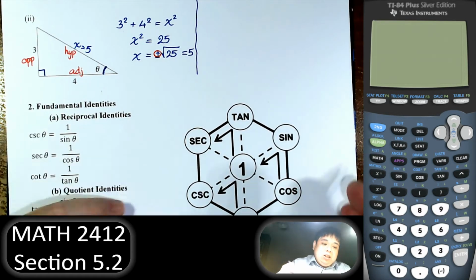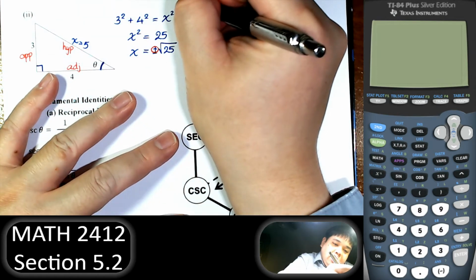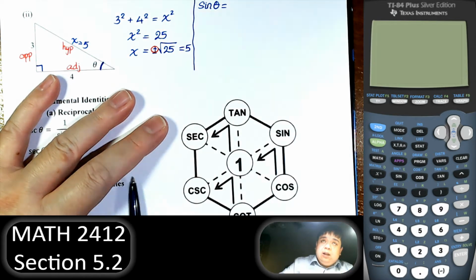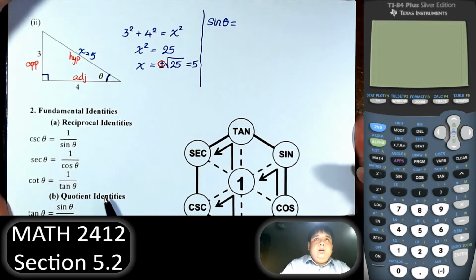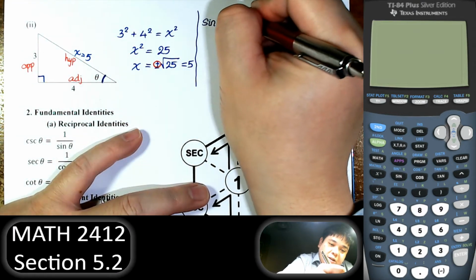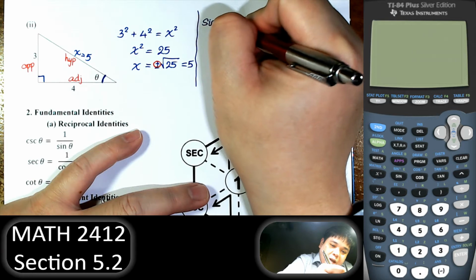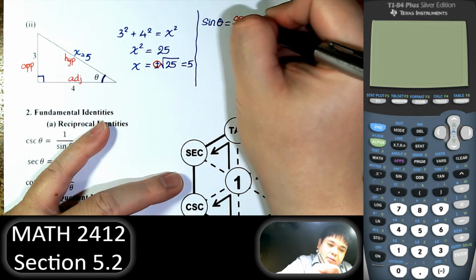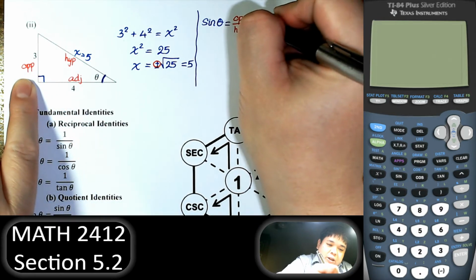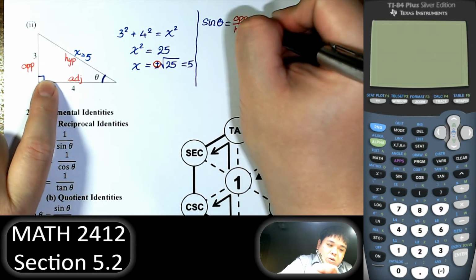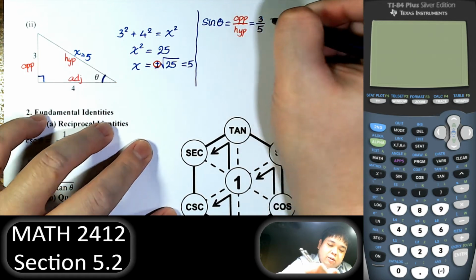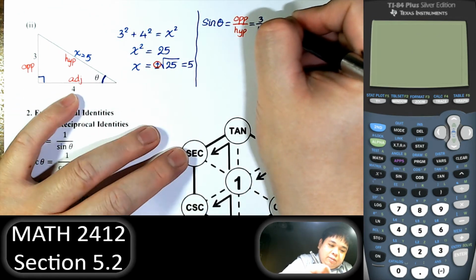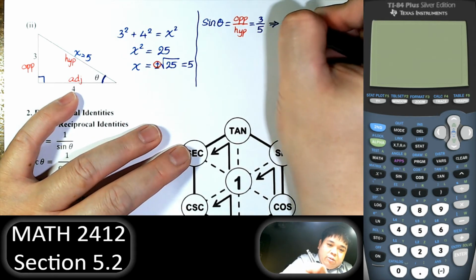And then we just write the 6 ratios. Sine is opposite over hypotenuse, which will be 3 over hypotenuse 5, and the reciprocal of sine is cosecant.